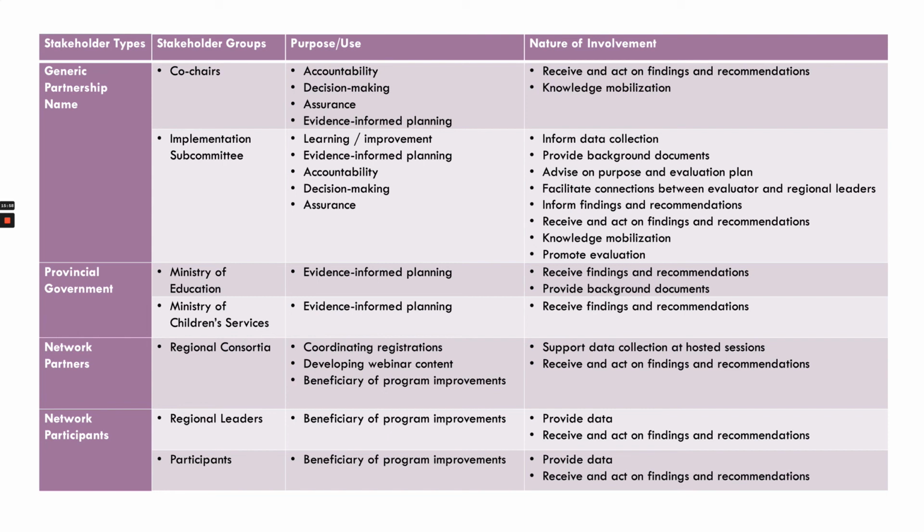So the purpose and use, you'll see some similar words because they work for me in many of my projects, and so I will reuse them project to project. But a few different kinds of things in here as well. We've got assurance for the implementation subcommittee. We've got some more kind of coordinating elements for one of the network partners as well.